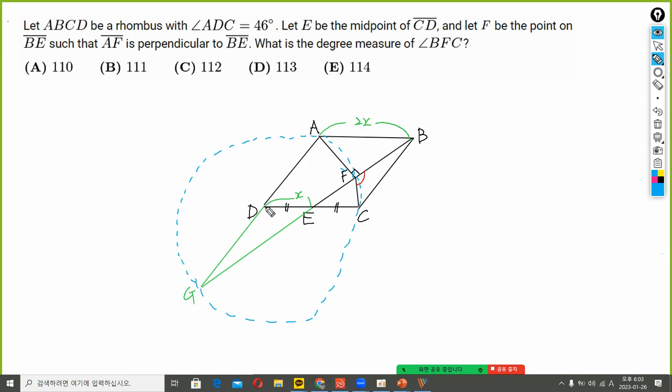D is the center of the circle. And these two points, F and C, are also on the circle. Because the angle at F is 90 degrees, we can make a right triangle using the diameter as the hypotenuse. And CD is also a radius, so C is also located on the circle.